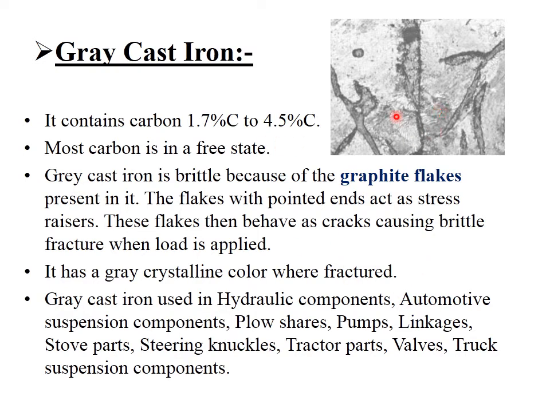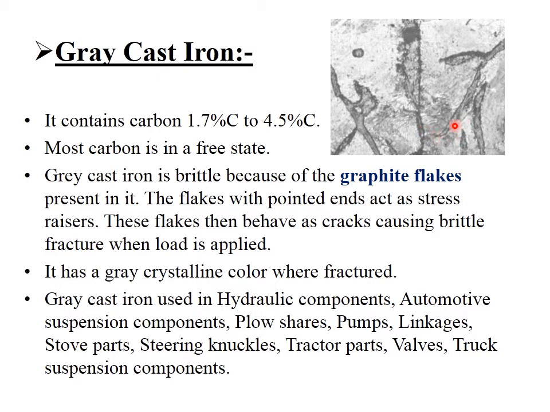Because the carbon is in free form, it causes a brittle failure or brittle fracture under loading conditions. One of the reasons this gray cast iron is more brittle in nature is the presence of these graphite flakes.